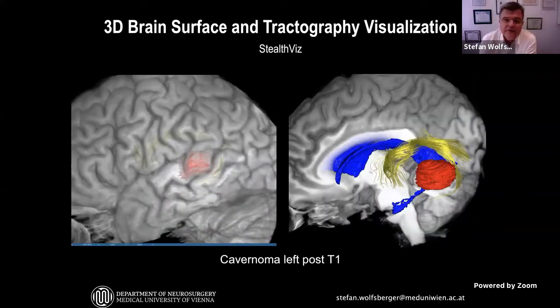But on the other hand, of course, it can give you the chance to visualize anatomy very nicely, especially if you combine it with brain surface visualization. So here you see a cavernoma in posterior left T1. Of course, before this awake surgery, we wanted to know where our arcuate fascicle is.